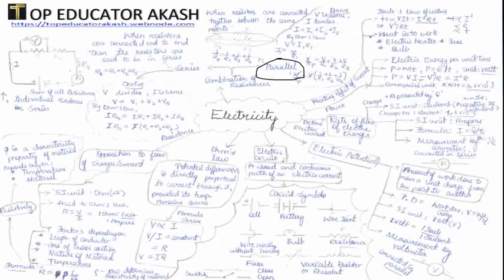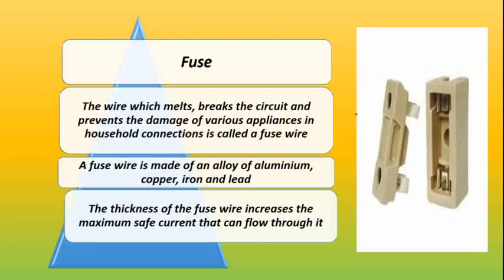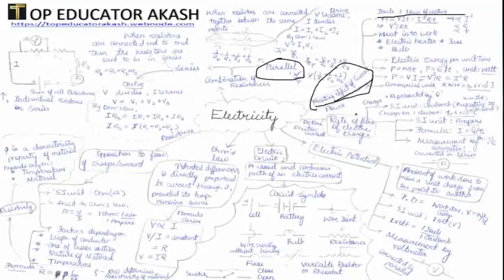So let us move to the next topic, that is the heating effect of current. Here there is a term called Joule's law of heating. So what is Joule's law of heating? Before discussing, let us discuss what the heating effect of current is. I have already said that there is some resistance in the circuit.